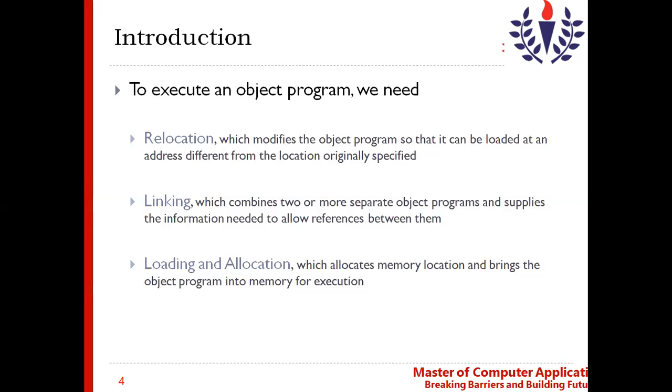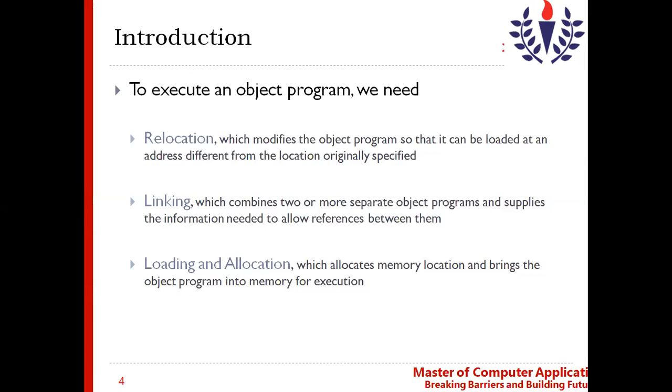The first function is relocation. As you know, we discussed relocation in the assembler concepts, where in the previous module I discussed the assembler, its functions, and how the assembler creates the object program, and the machine dependent features of the assembler, where I discussed program relocation.